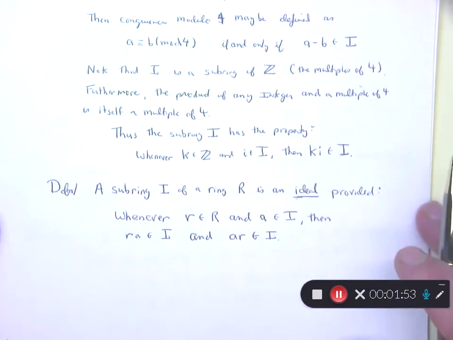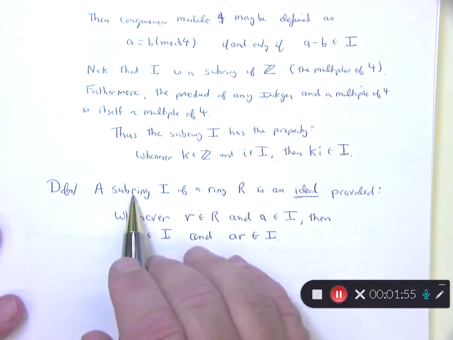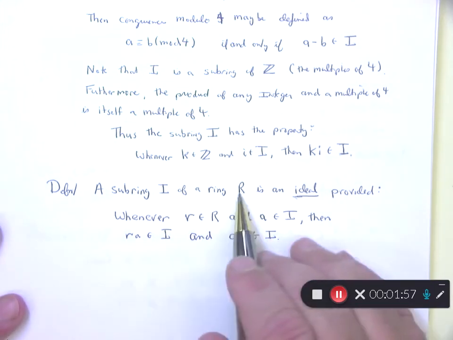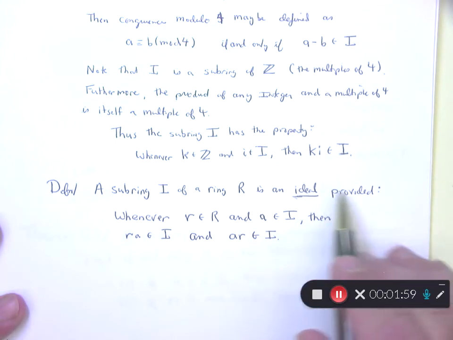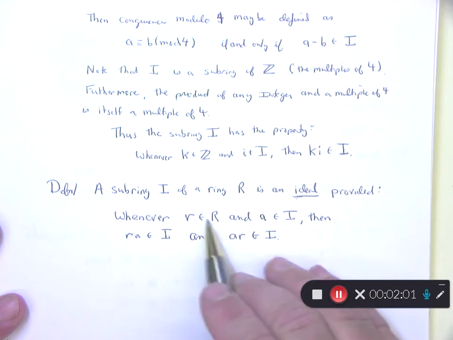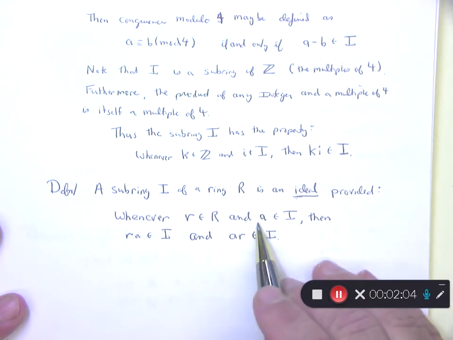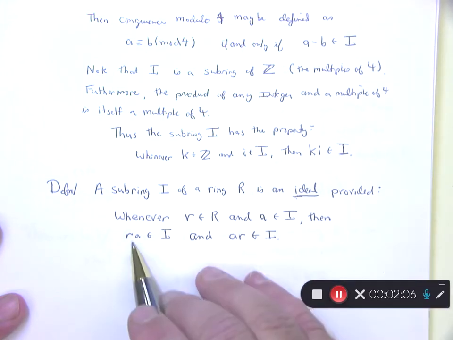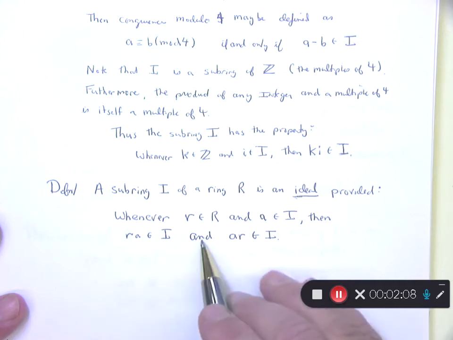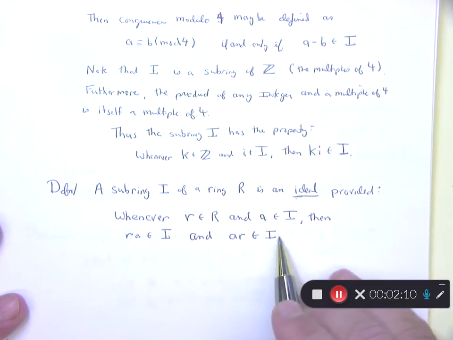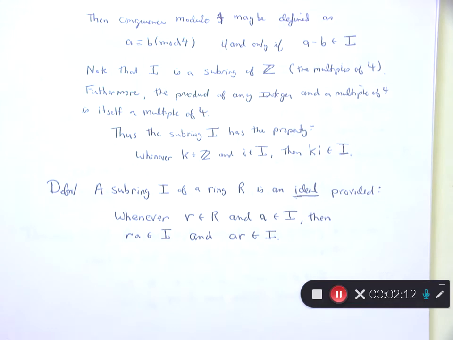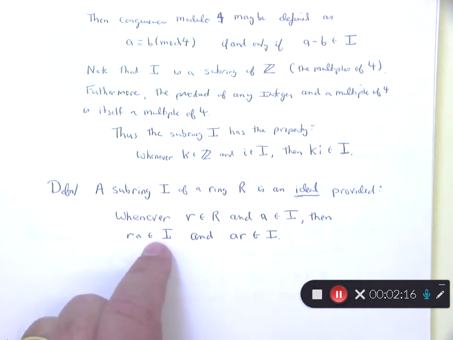So we defined a subring I of a ring R to be an ideal, provided that whenever r is an element of R and a is an element of I, then r times a is in I and a times r is in I. So an ideal is a subring with a very special property.